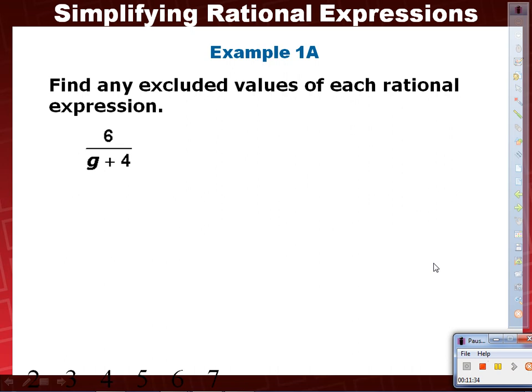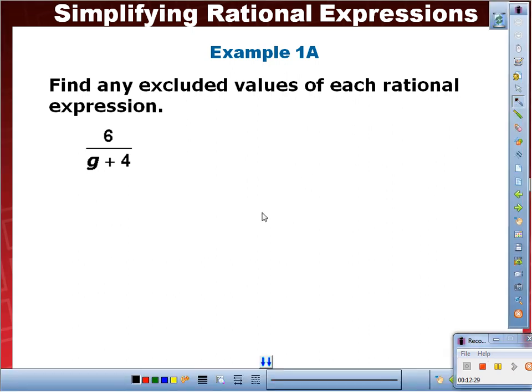All right. So it says, find any excluded values of each rational expression. So, what did we say according to the definition I showed you guys? That the denominator cannot be equal to what? It cannot be 0, right? So watch. That means this cannot look like this.